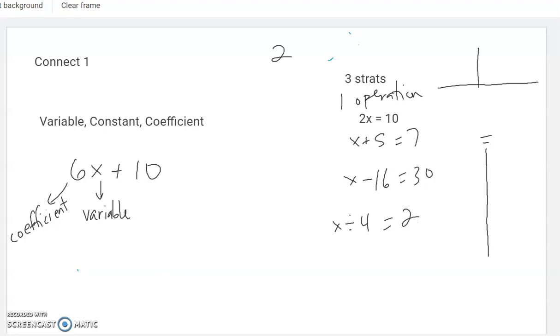And then numbers that are by themselves, not multiplied by the variable, but added on, those are called constants because they don't change. A variable could change. We could say x is 2, we could say x is 3, but constants don't. So coefficient, variable, constant in particular, you're going to start to hear me talk about this word today. That's two things to remind you of.